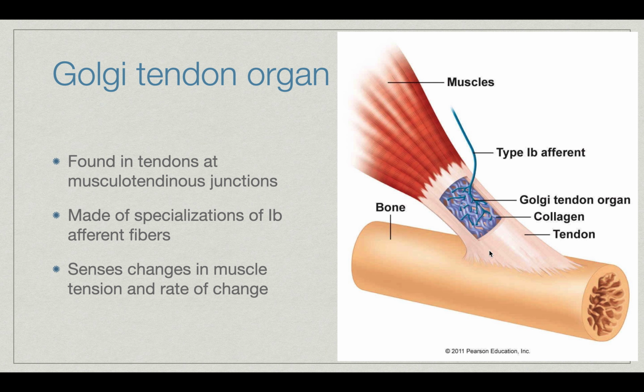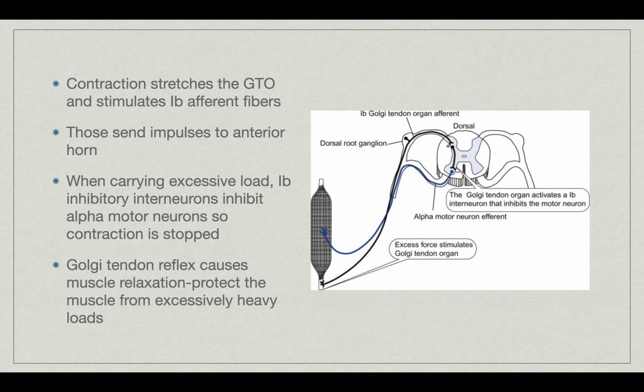Okay, so the Golgi tendon organs are located in the tendons and the musculo-tendinous junctions. They're made out of specializations of 1B afferent fibers, and they sense the changes in muscle tension and the rate of change. Contraction will stretch the GTO and stimulate the 1B afferent fibers, and those will send impulses to the anterior horn of the spinal cord.